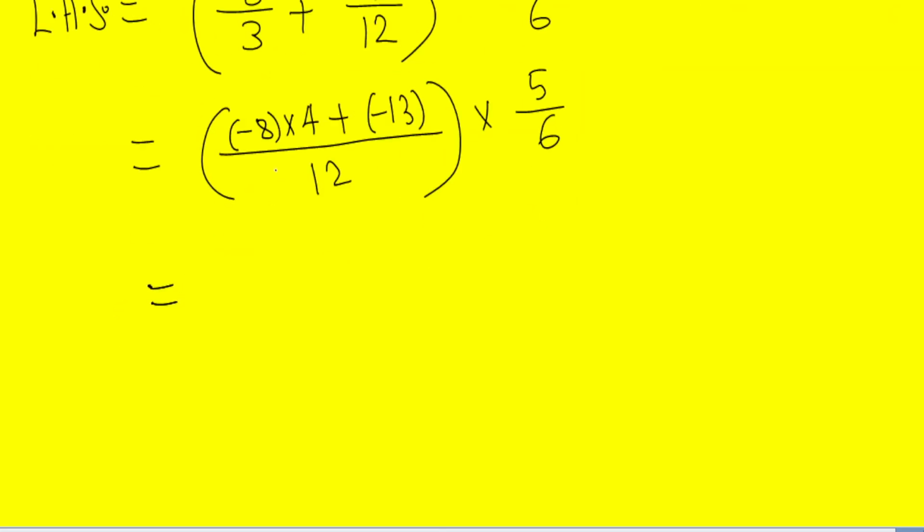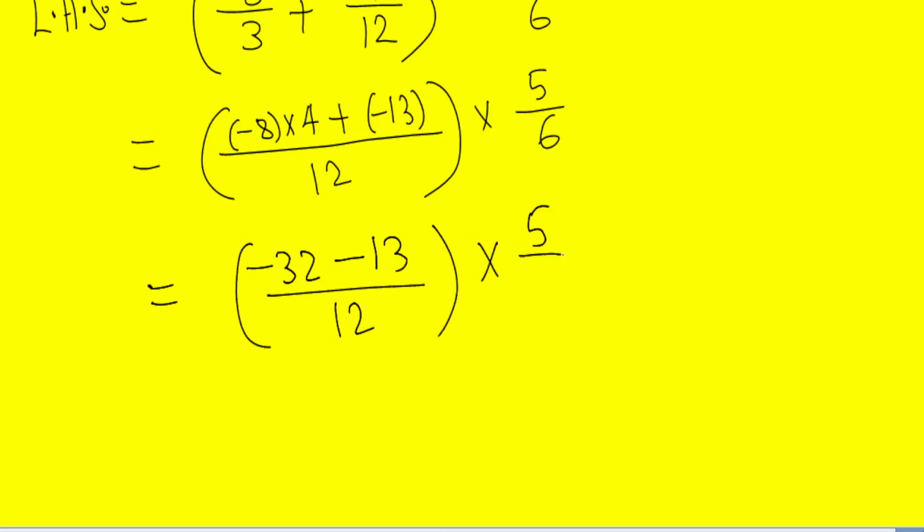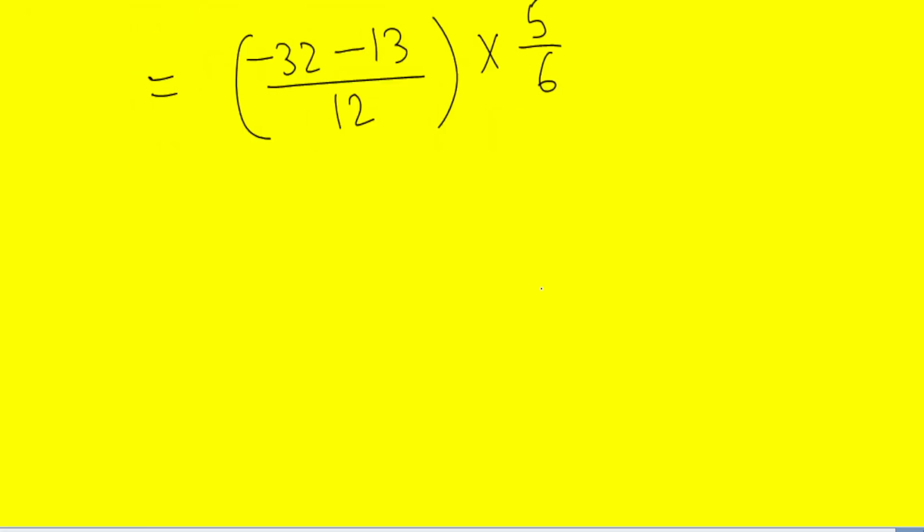Now see here, minus 8 into 4 is minus 32 plus minus 13, whole upon 12, under bracket, multiply 5 upon 6. Now here minus 32 and minus 13 is minus 45 upon 12 multiply 5 upon 6.